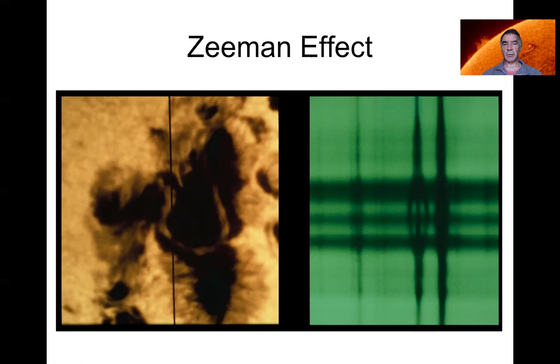Basically, when you put an atom in a very strong magnetic field, it breaks some of the degeneracy in the quantum levels, so the levels that the electron can occupy. And so what was a single quantum level in the atom gets split, so it could become 2 or 3 or many levels.